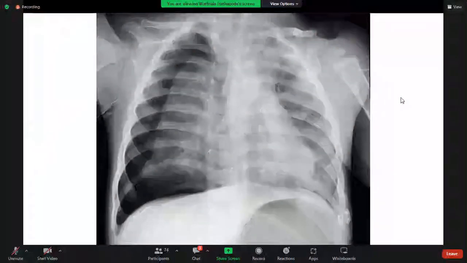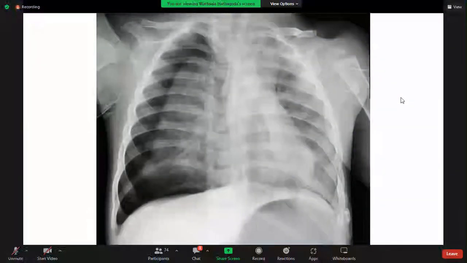In a small baby, how would you take this sputum sample? Yes, gastric aspirates, because they are not able to produce sputum. So in small babies you have to get early morning gastric aspirates, but otherwise early morning sputum samples. Right.